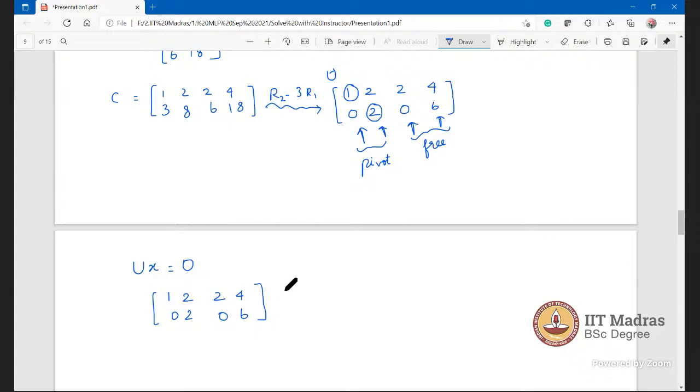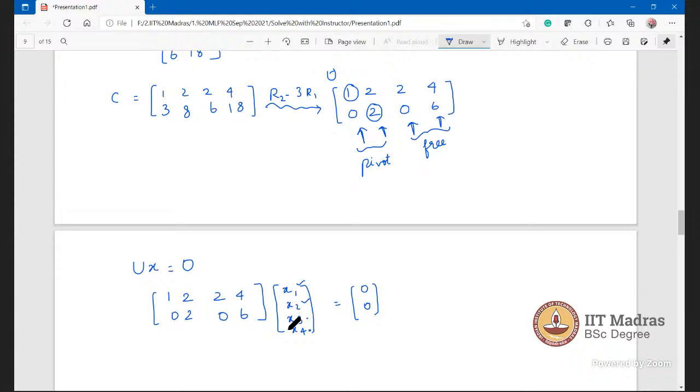So now we have to have this X matrix here. We have 1, 2, 3, 4 number of columns. Therefore, X1, X2, X3 and X4. So now this would be equal to 0 and 0. So the pivot elements are 1 and 2. So X1 and X2 are pivot variables and X3 and X4 are your free variables.